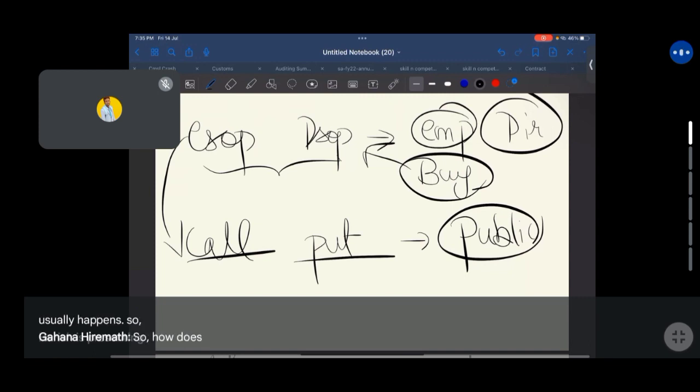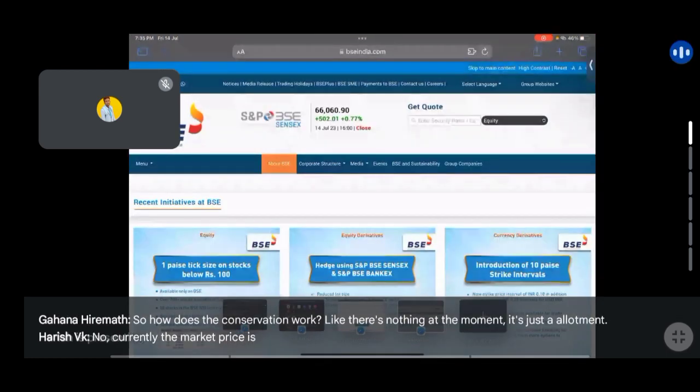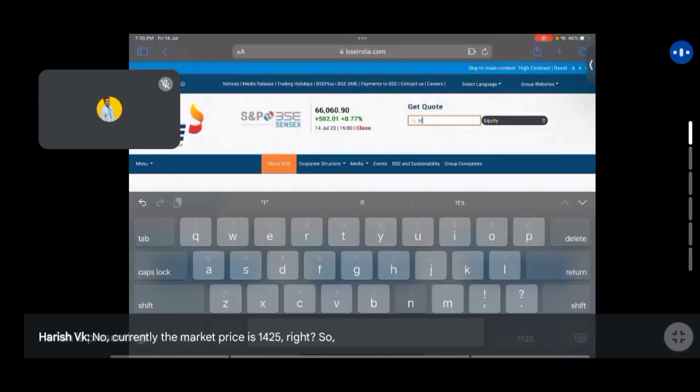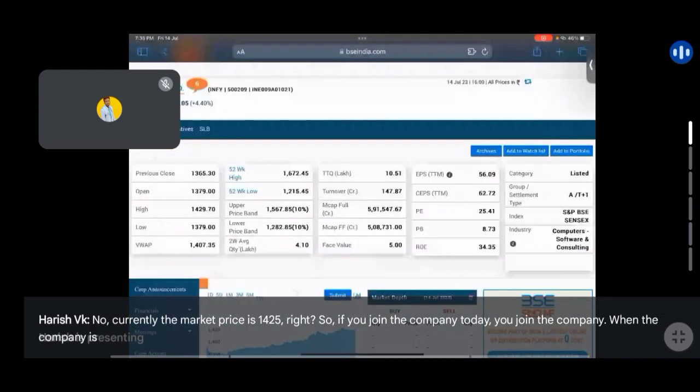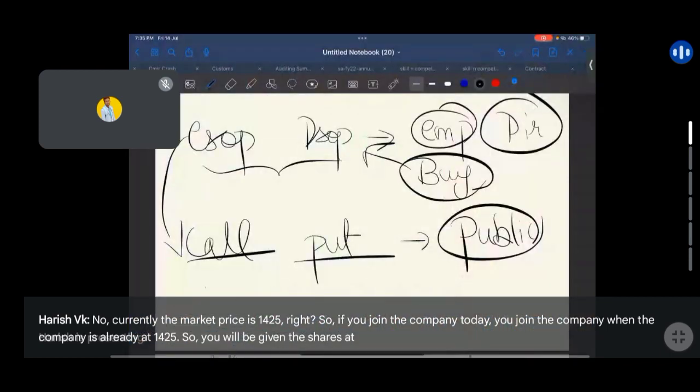So how does the consideration work? Like there's nothing at the moment, it's just allotment? No, currently the market price is 1425, right? So if you join the company today, you join the company when the company is already at 1425. So you will be given the shares at 1425, but after 3 years.